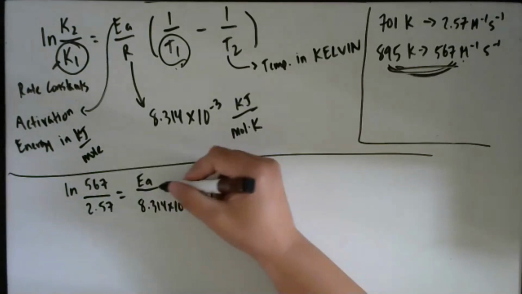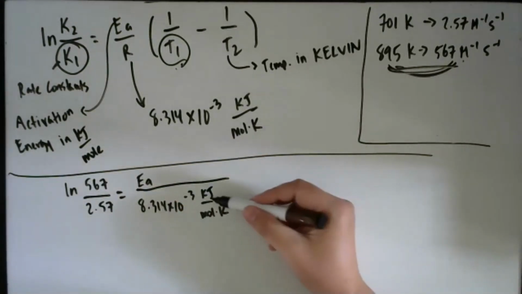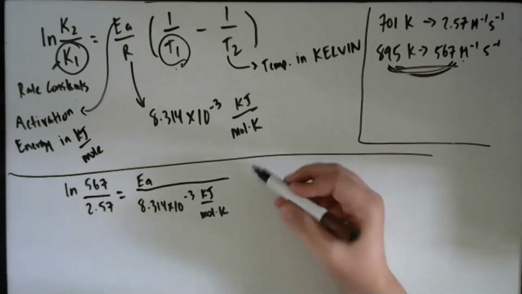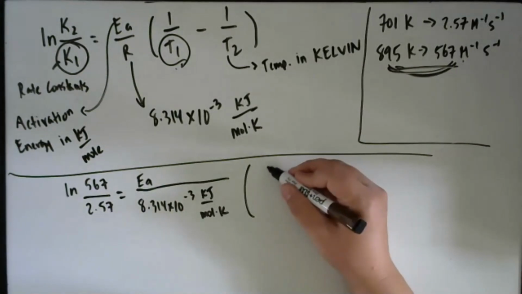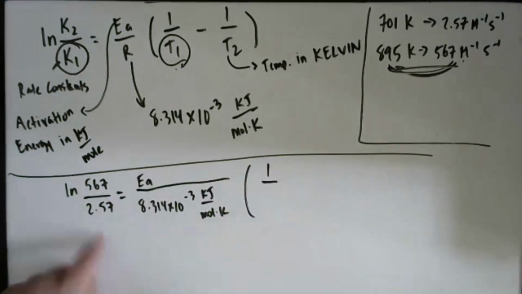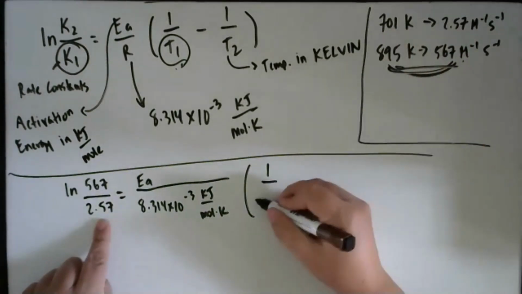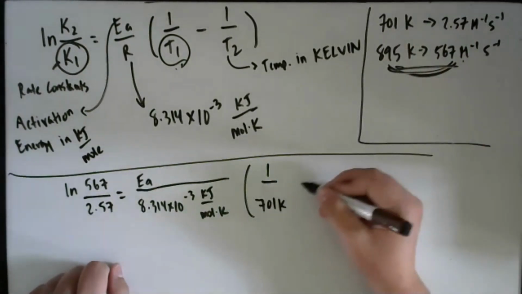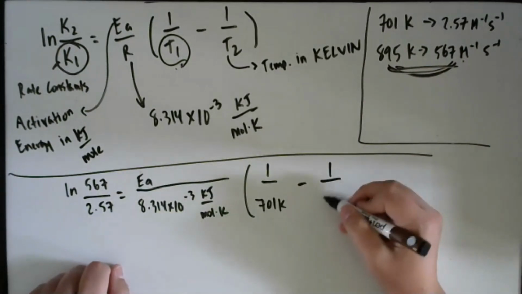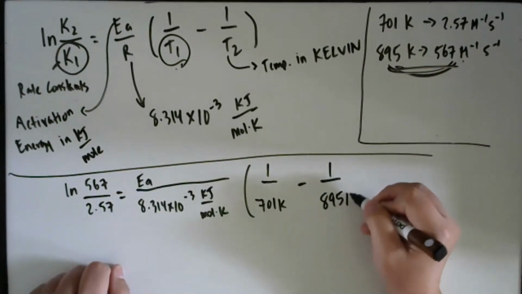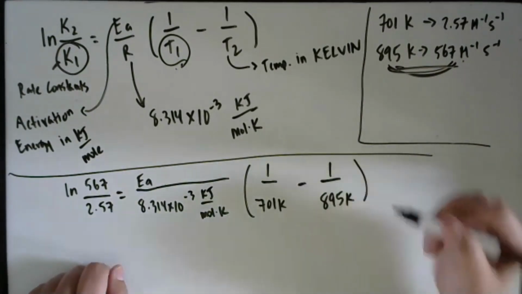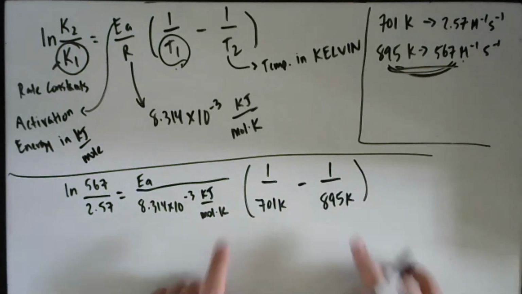So you see now we're going to get our EA value back in terms of kilojoules per mole, which is what we wanted. And then that's going to be multiplied by 1 over, again, if we have 2.57, that means 701 has to go here, minus 1 over 895 Kelvin.